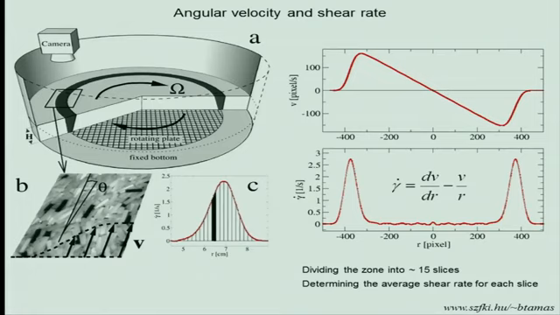So this is the angular velocity from which we can get the shear rate across the line here. And if we focus on this region here, we see that this is the radial dependence of the shear rate. So we slice up this range into 15 slices, and we collect data for each shear rate.